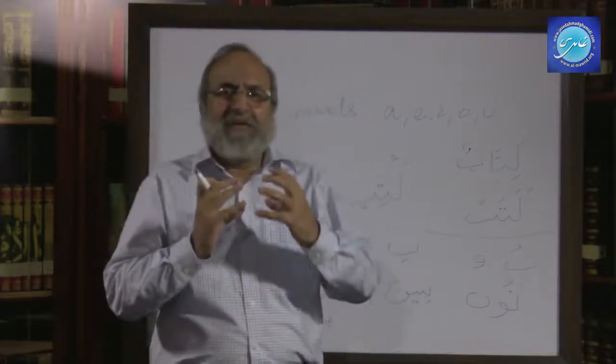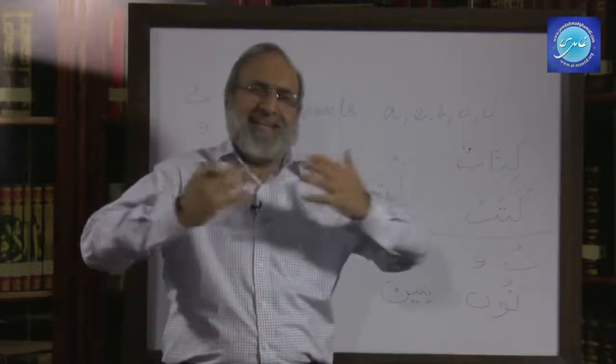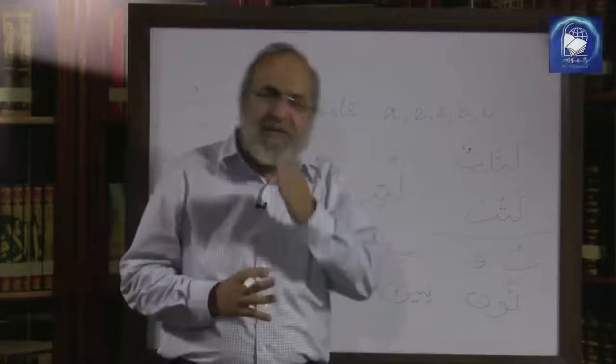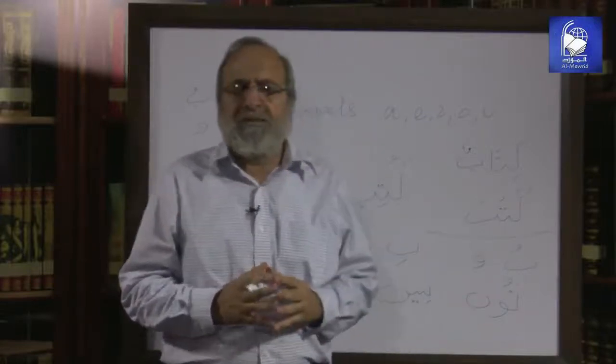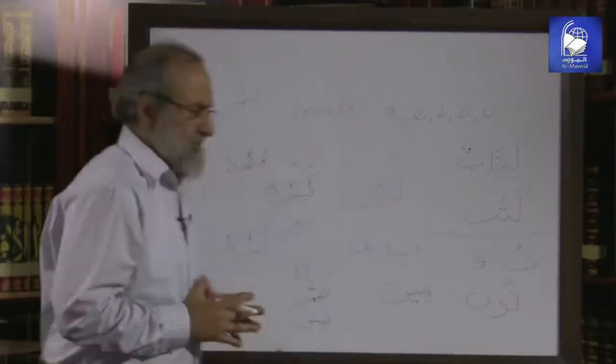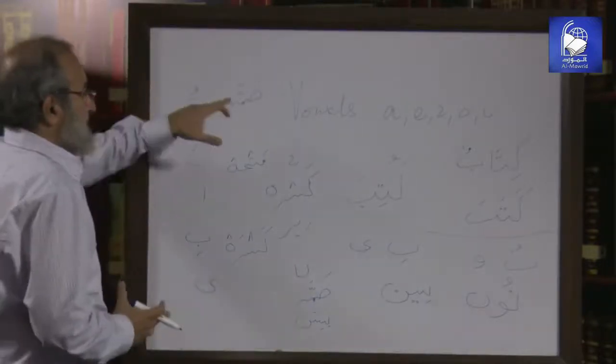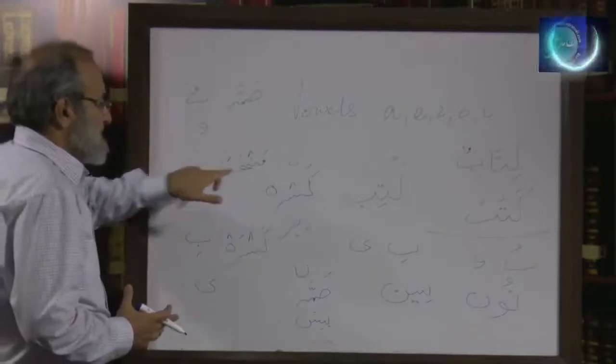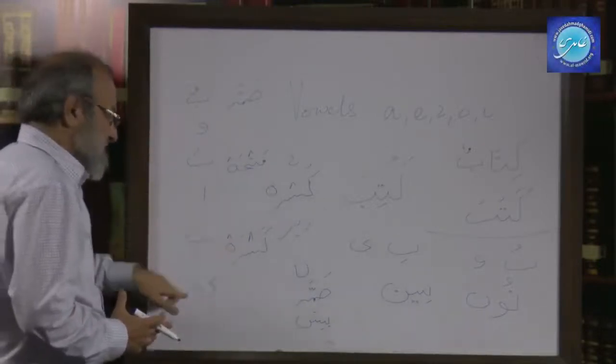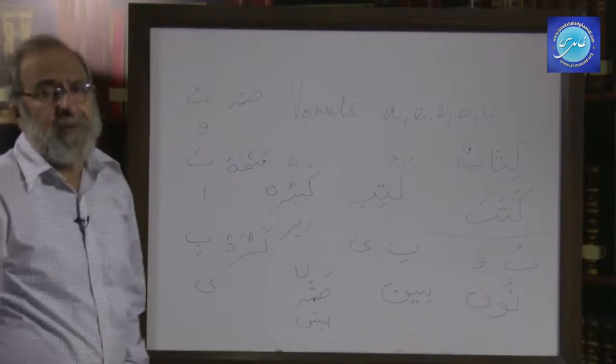And these sounds get lengthened, extended, when they are immediately followed by the three letters which are their partner letters. Let's call them that way. Dhamma's partner is Vaw, Fatha's partner is Alif, Kasra's partner is Ya.